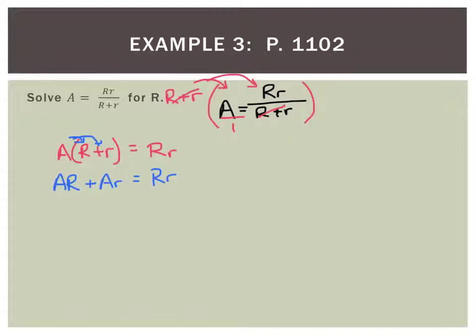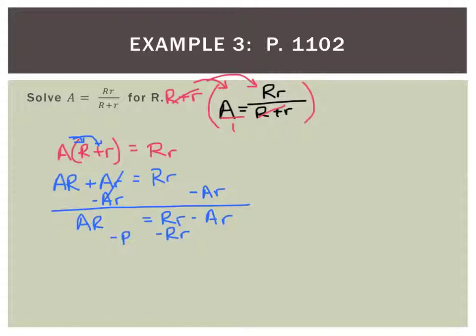Okay, so this step is going to be just like on example 2, where I need all my capital R's on the same side of the equal sign. So I can subtract this Ar. So I have AR equals Rr minus Ar, and then I need to move this capital R over.